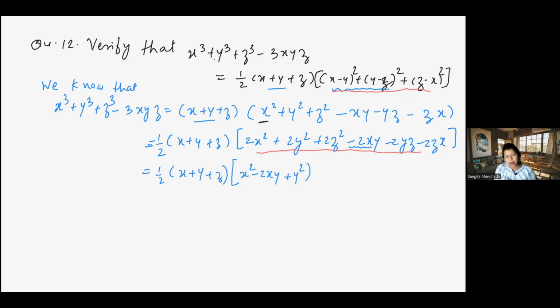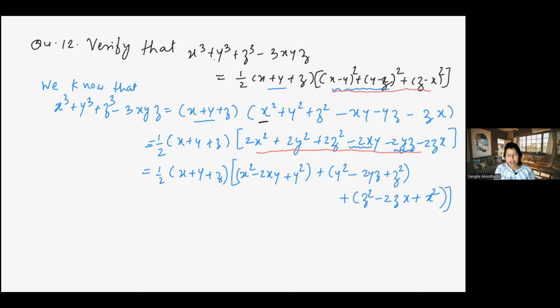So I write 1 bracket plus 2y square, 1y square I write here, again y square, minus I am writing here 2yz, and here z, so in place of 2z square I am taking 1z square, and plus third bracket I am writing z square minus 2zx plus 1x square was remaining, so 1x square and bracket complete.